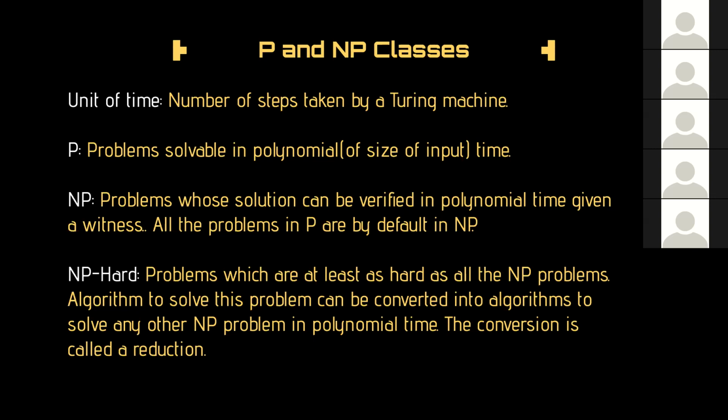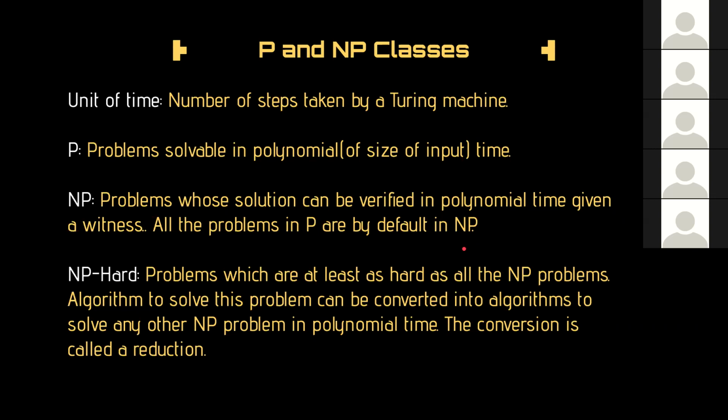Similarly, its counterpart, NP, which stands for non-deterministic polynomial time, which again you can read up on later, is the set of problems whose solutions, given a verifier and a witness, can be checked in a polynomial number of steps. Now, not all of these are of the same hardness. The hardest problems in NP are the NP hard problems.